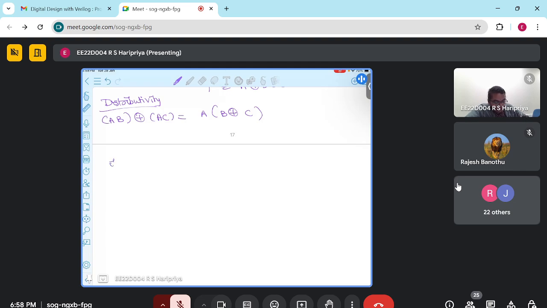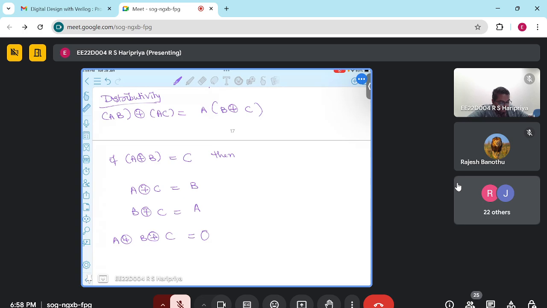Another property is that if A XOR B is equivalent to C, then A XOR C is equivalent to B, B XOR C is equivalent to A, and A XOR B XOR C is equivalent to 0.